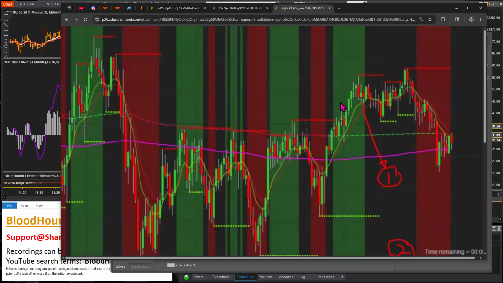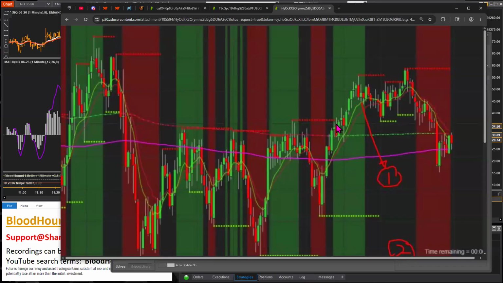So let's just say you have a profit target up here, somewhere around the tip of this red line. So Blackbird opens a long position. You've got a target up here, stop loss down here.